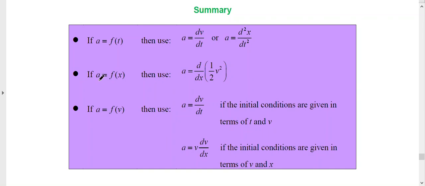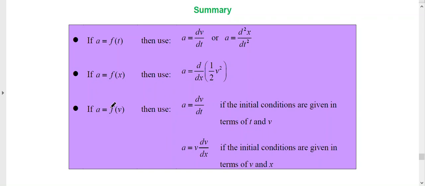Your acceleration could be a function of x. So if that is the equation you're given, then the best formula to use for acceleration is this one here, d dx of a half v squared. Okay, so that's when acceleration is a function of x.